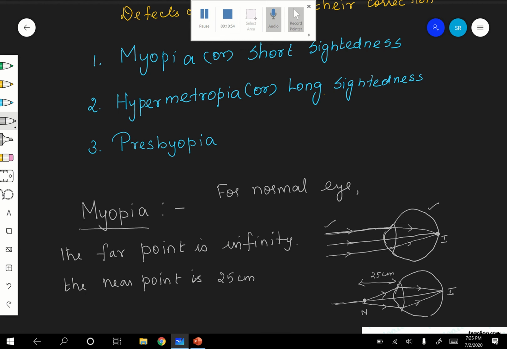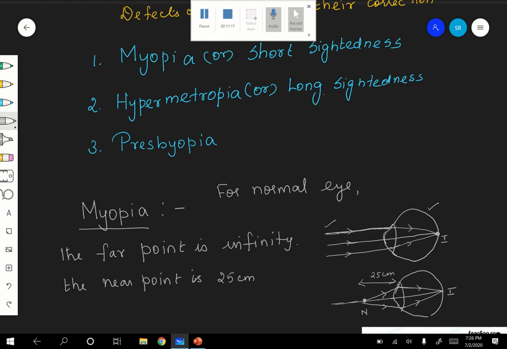Once again, myopia or short-sightedness is that defect of the human eye by virtue of which the eye can see clearly the objects lying near it, but the far off objects cannot be seen distinctly.